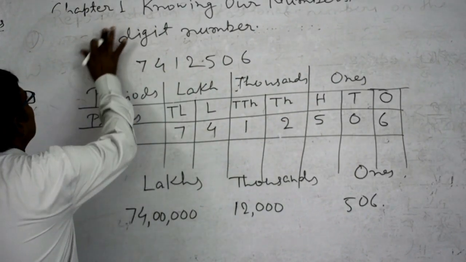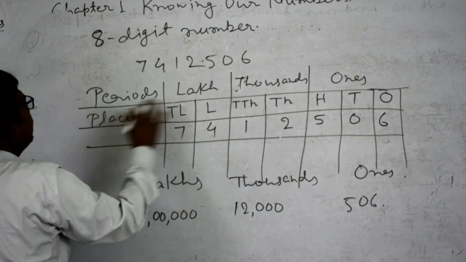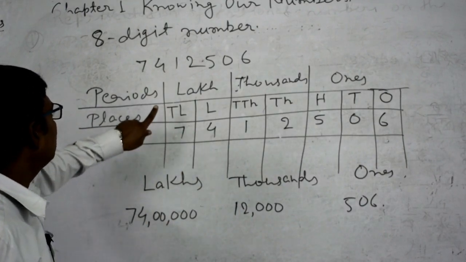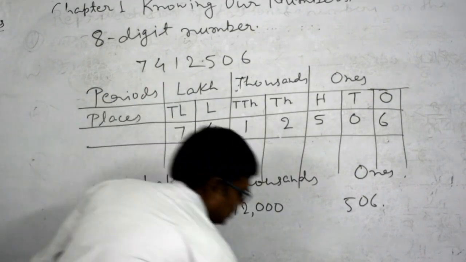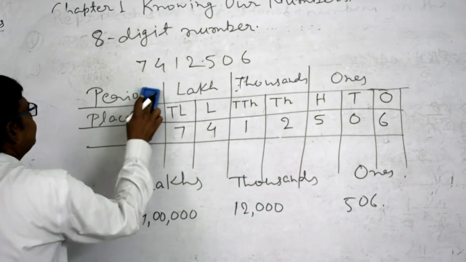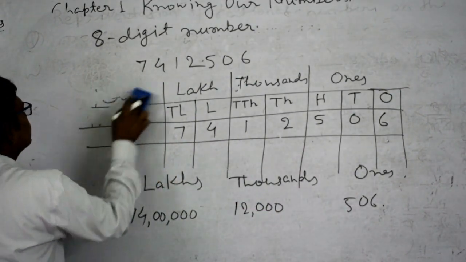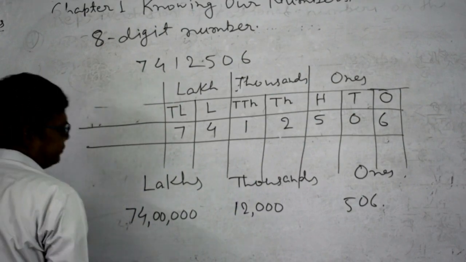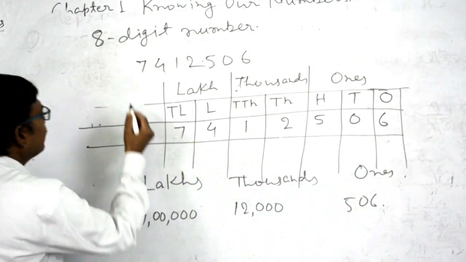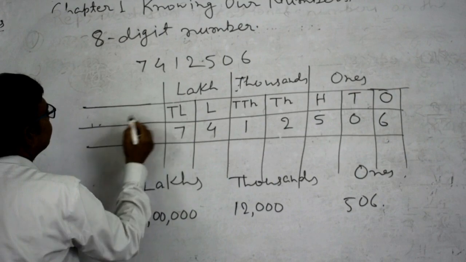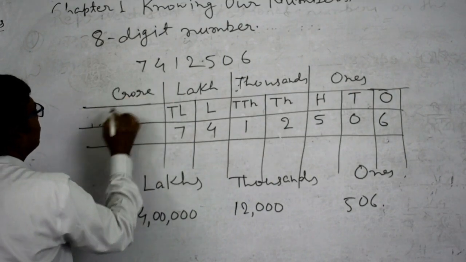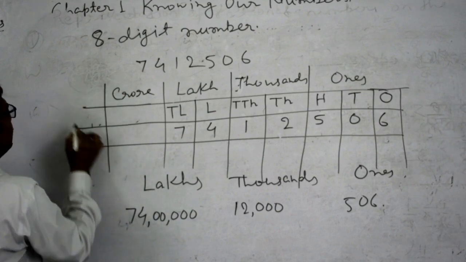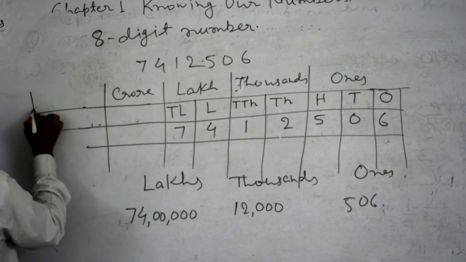In case of the 8-digit number, this is a 7-digit number here, then we have one more place and one more period also. So in this case again, increase one more here, that is the crores period.